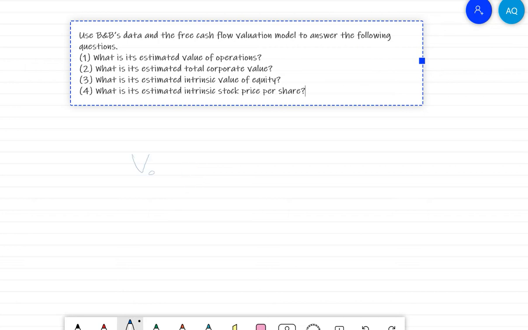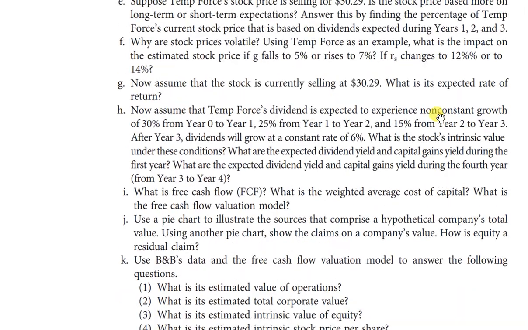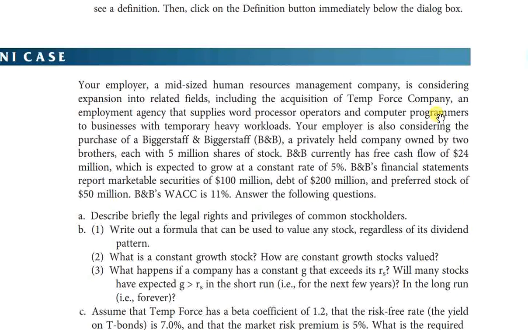We have just seen the formula for value of operation, that is free cash flow at year 0 times 1 plus G over WACC minus G. So let's get back to the data. From here we can see the free cash flow is 24 million, and it has a constant growth rate of 5% and WACC is 11%.